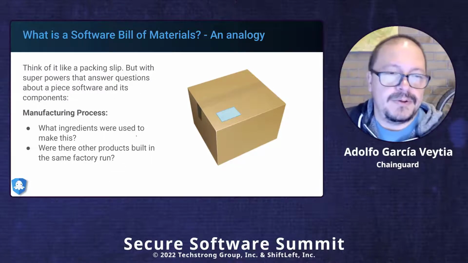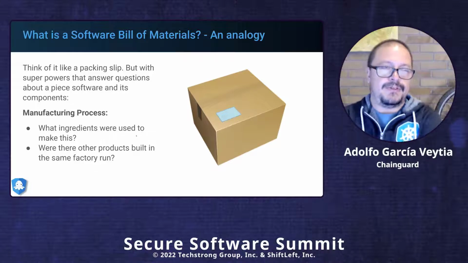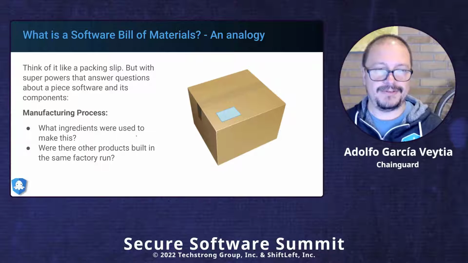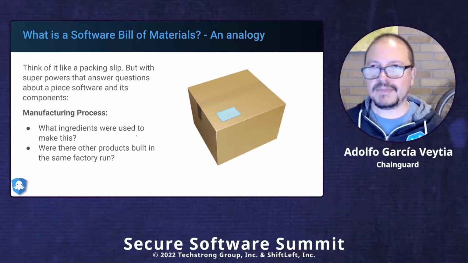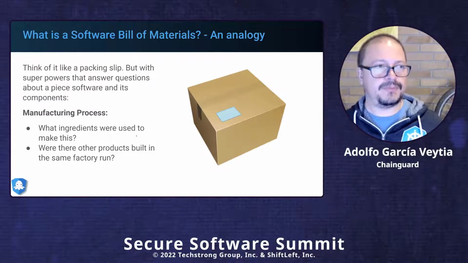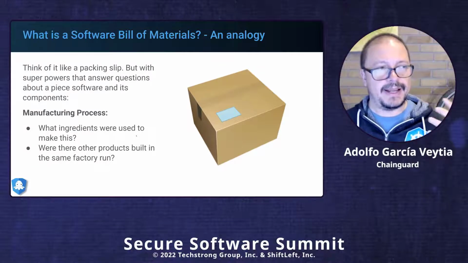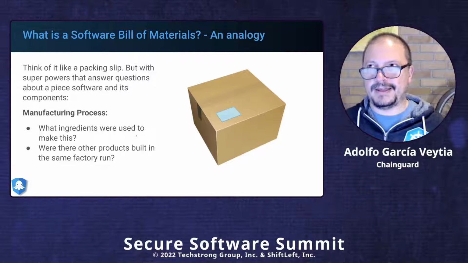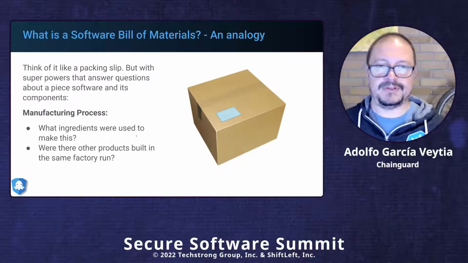Then it'll tell you some other things about the manufacturing process that brought your item to life. For example, if you've ever ordered a Dell computer, you notice on the packing slip that it lists each of the components inside of it. It'll tell you the kind of memory, the CPU that it uses, things like that.